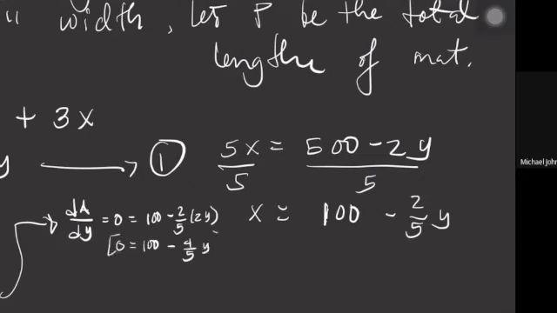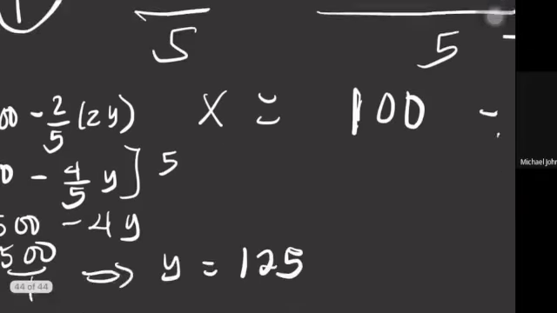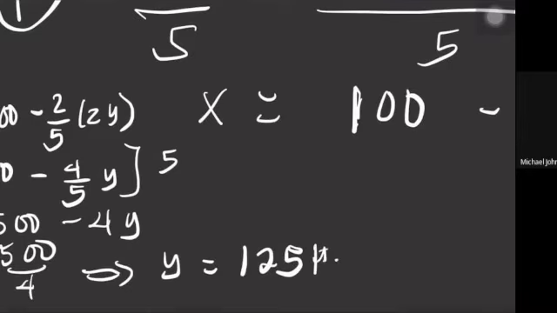We will multiply both sides by 5. So we have 500 minus 4y. And from there, maybe we can solve for y. So we have 4y equals 500. Divide by 4 gives us y equals 125. What's our unit? Don't forget. Our unit is given in feet. So this is in feet.